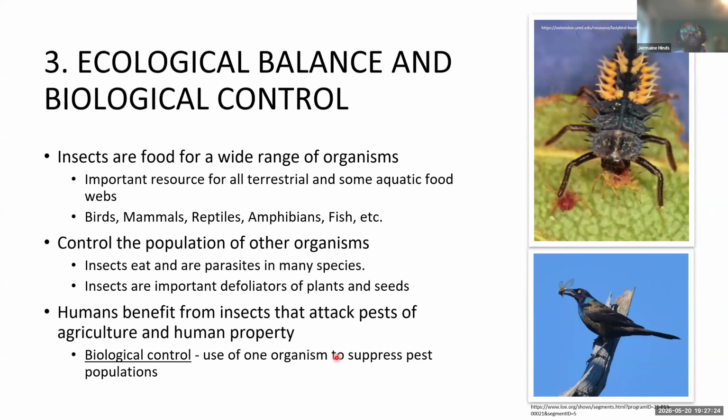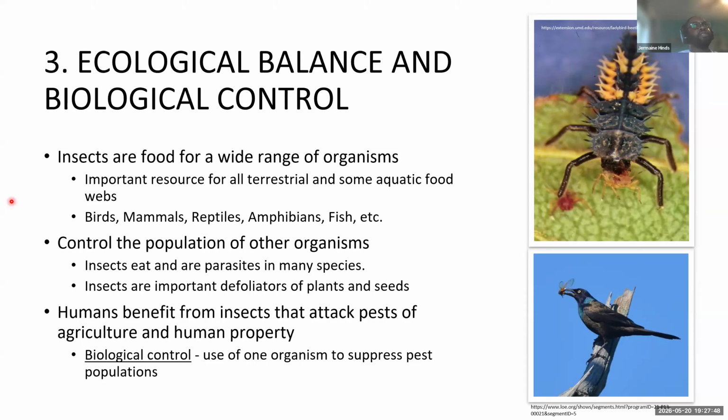Insects are also important for ecological balance and biological control. Insects are food for a wide range of organisms. They're an important resource for all terrestrial and some aquatic food webs: birds, mammals, reptiles, amphibians, fish, even humans are eating insects. They help to control the population of other organisms.